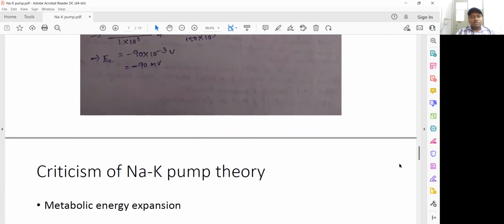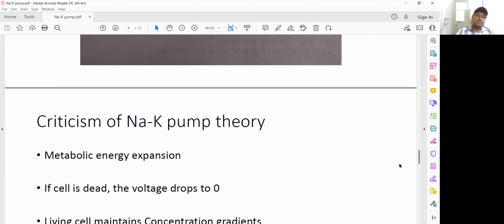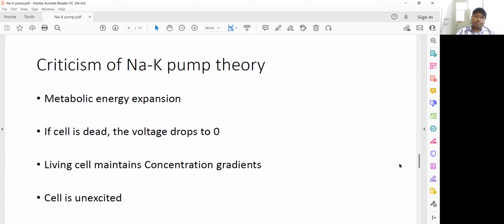Now let us go to the next slide, which is to criticize the sodium potassium pump. How this particular pump is valid, now we will criticize. The first point I have mentioned is the metabolic energy expenditure. That means when we take food, due to the metabolism inside our body, this sodium potassium pump is maintained. Now suppose the cell is dead, what will be the voltage?